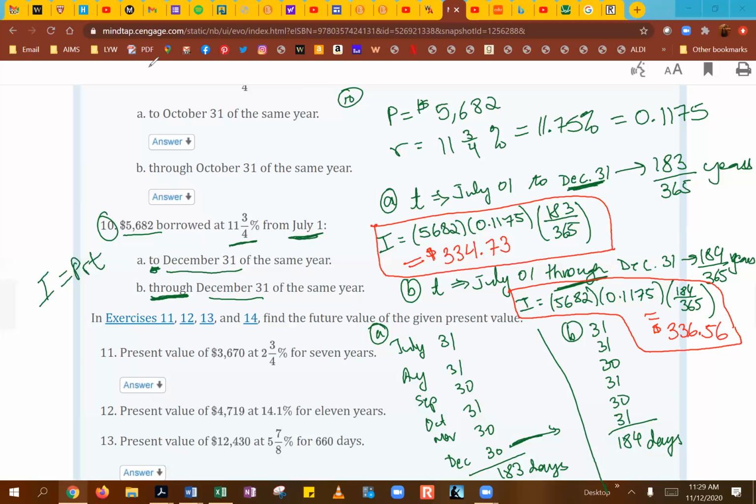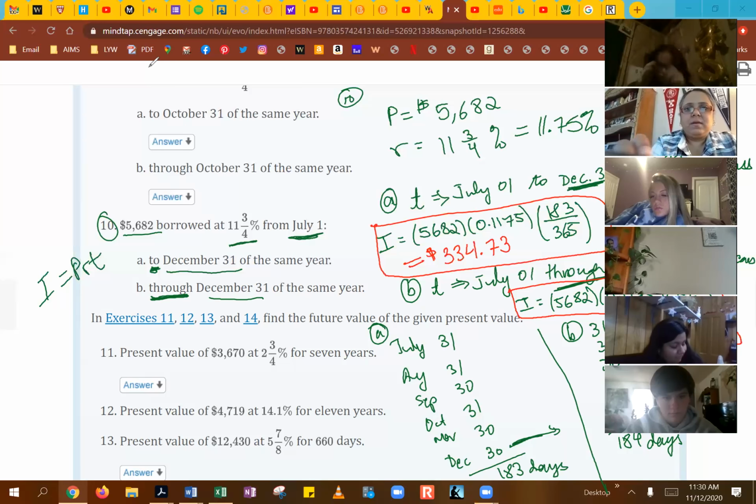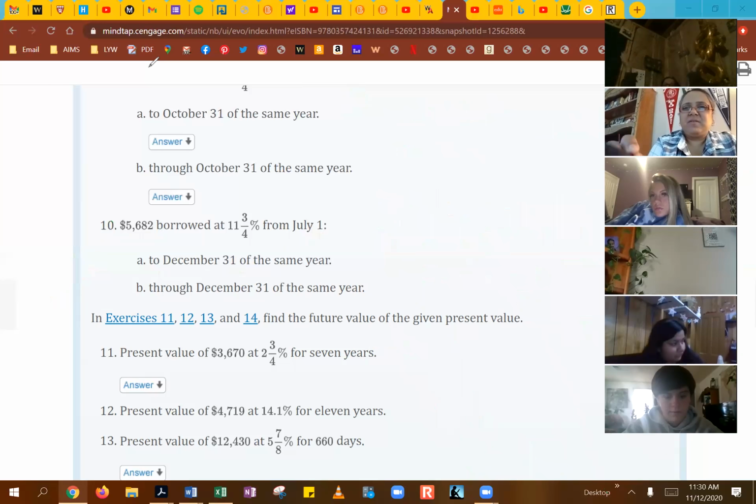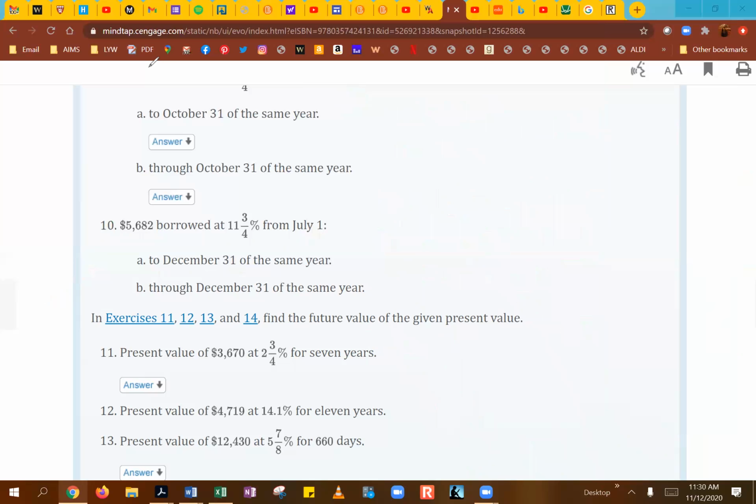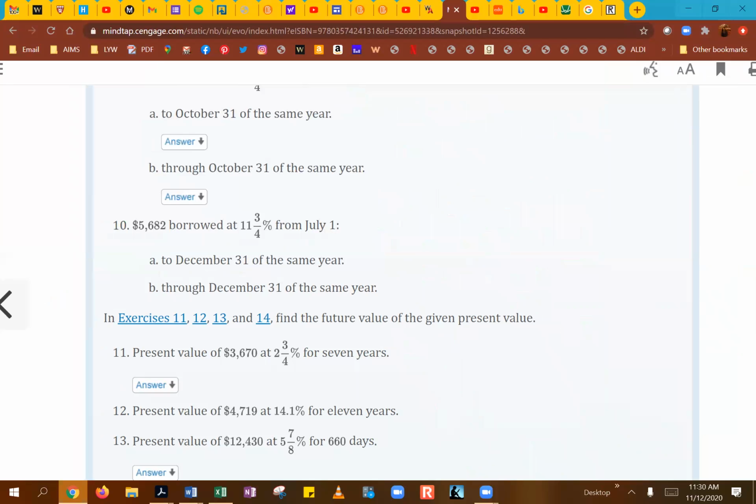So you can see, even with that little bit of a change of one day, obviously that makes a difference in our interest rate. Questions on this one, guys? So be careful with these time calculations over here, especially with examples like number 10.